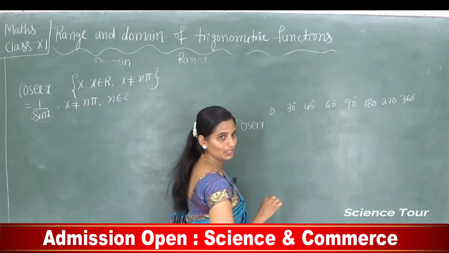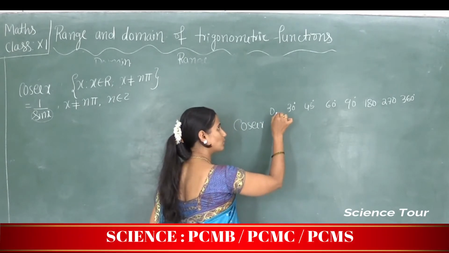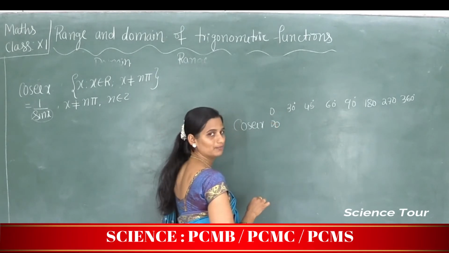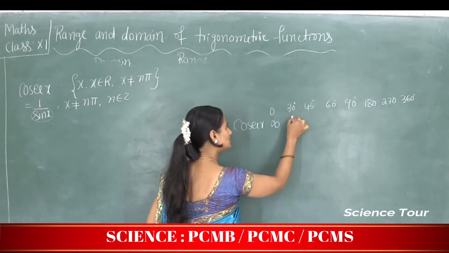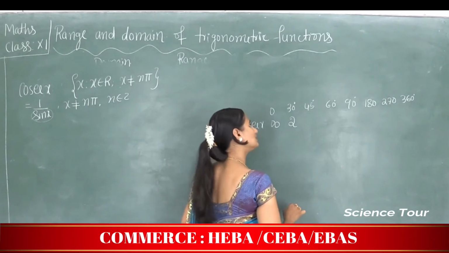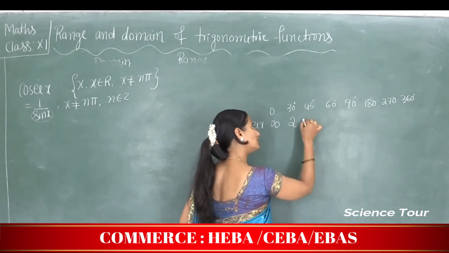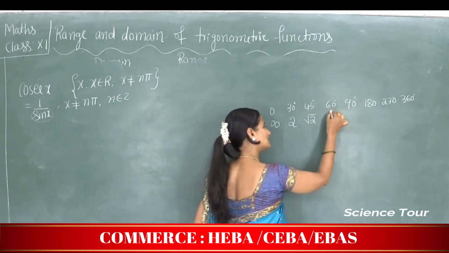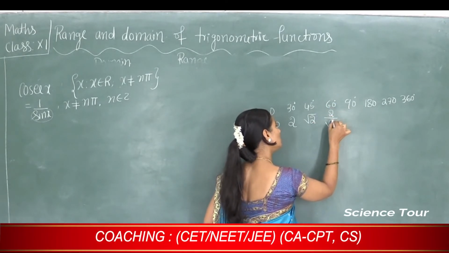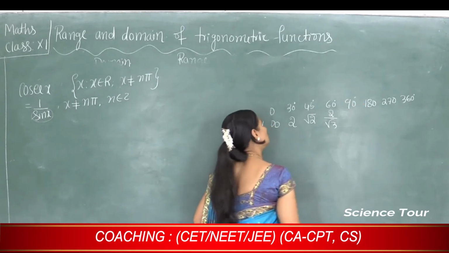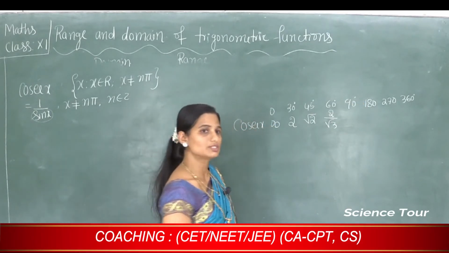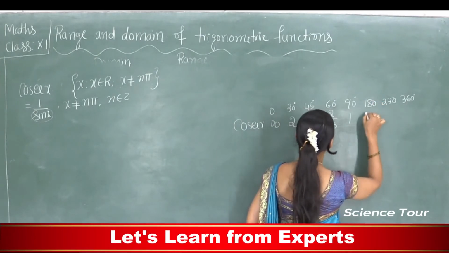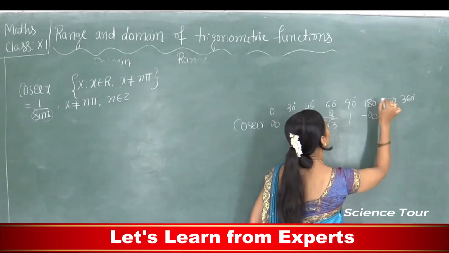Sin 0 is 0, so cosecant 0 is infinity. Cosecant 30 is 2. Cosecant 45 is root 2. Cosecant 60 is 2 divided by root 3. Sin 90 is 1, so cosecant 90 is 1. At 180 it is minus infinity.